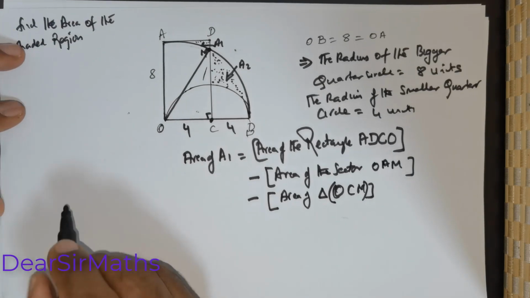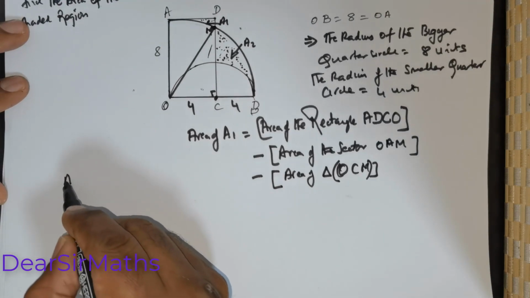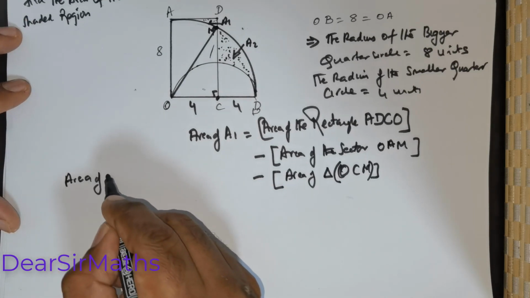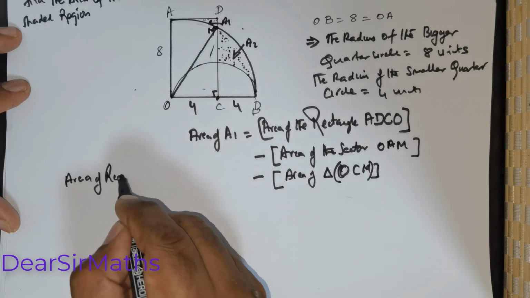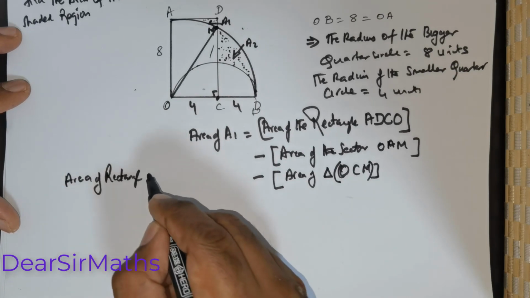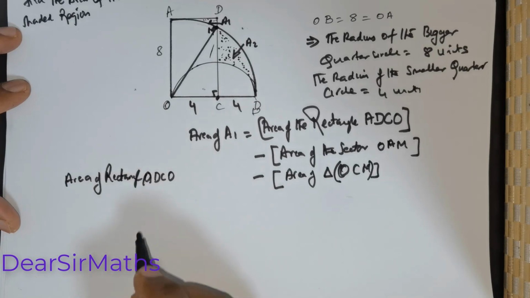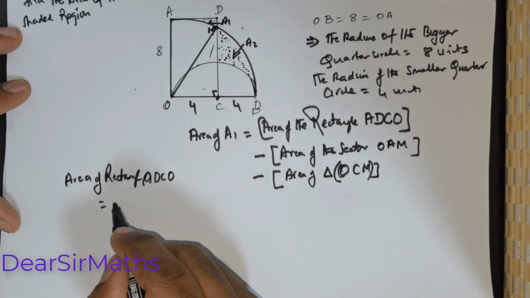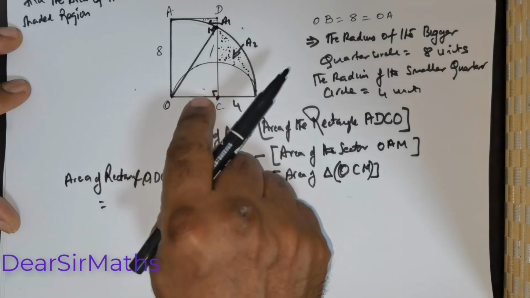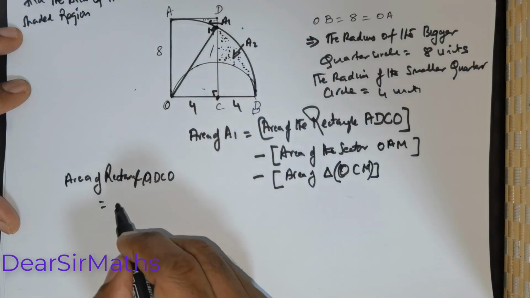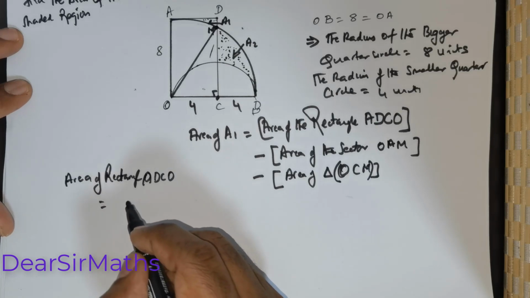So first let me calculate the area of rectangle ADCO. What is it? That's equal to L into B, or I should say length into breadth, right? That is the formula.